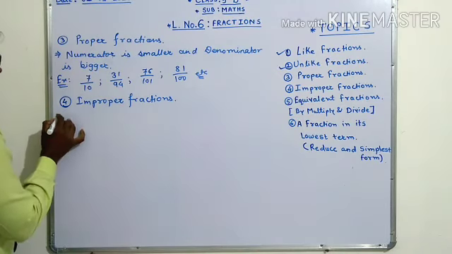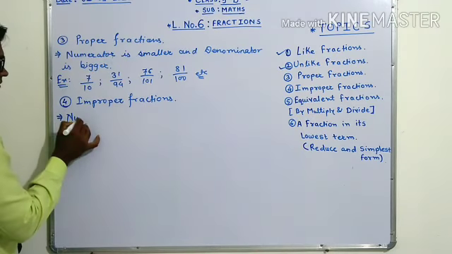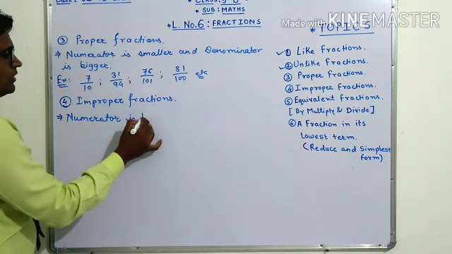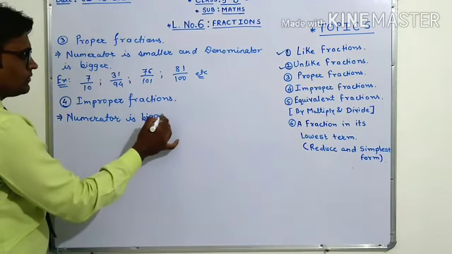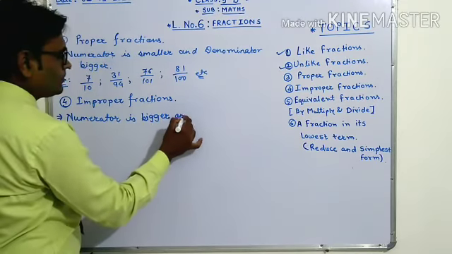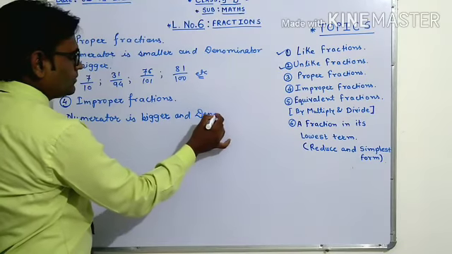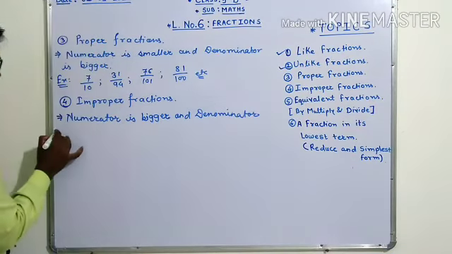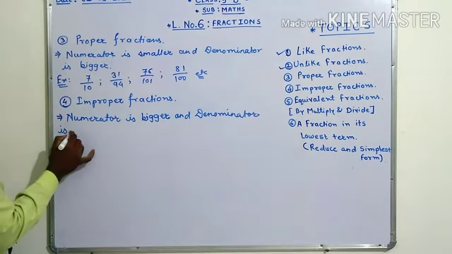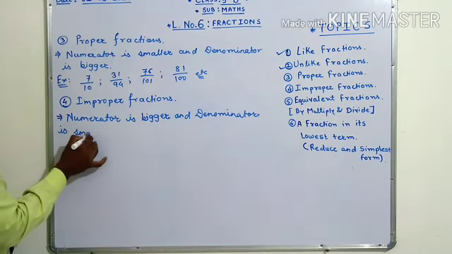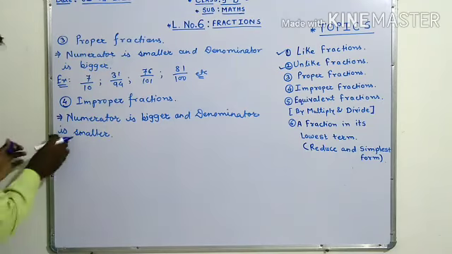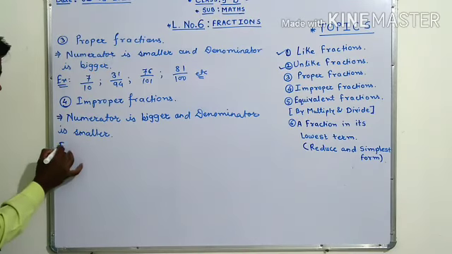So we can define it as numerator is bigger and denominator is smaller. Okay, therefore examples, we will see examples.